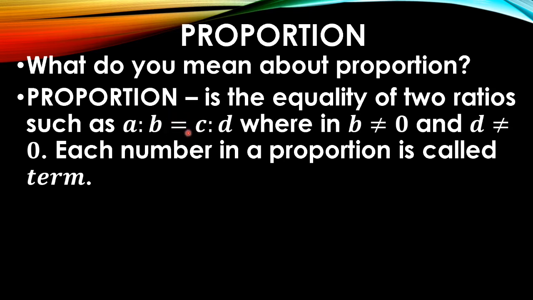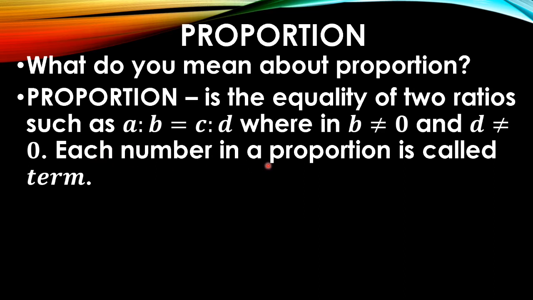Pag sinabi natin proportion, yung ratio dito sa left side ay equal dito sa right side na ratio. Wherein B is not equal to 0 and D is not also equal to 0. Kasi wala tayong makukuhang proportion doon kapag 0 yung B at saka D.